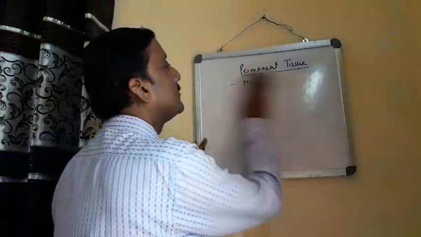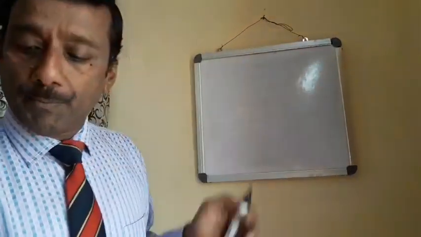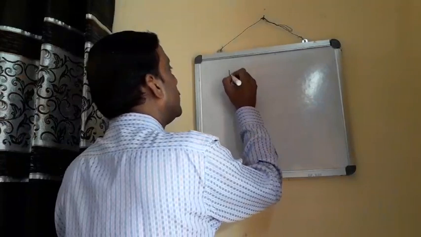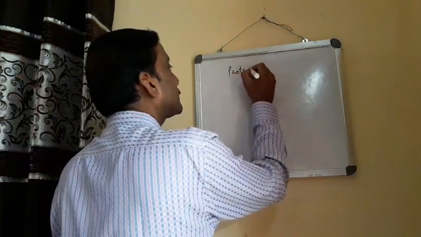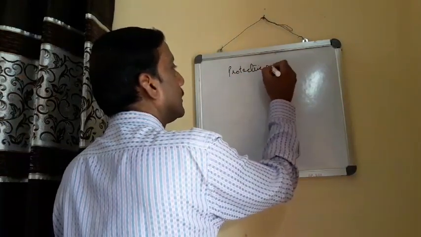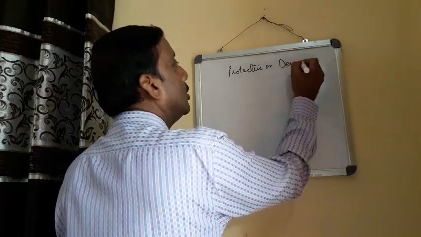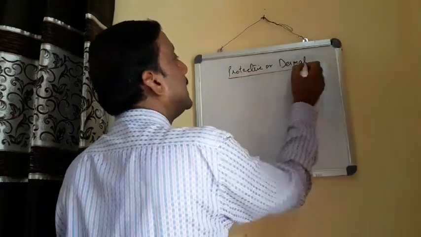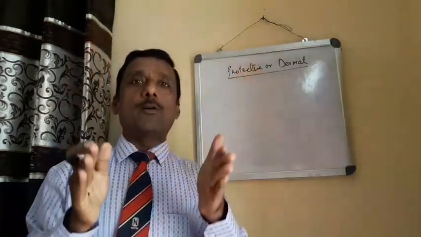So the first and foremost permanent tissue is protective or dermal tissue. Here, the word dermal means skin or the outermost skin of a plant.